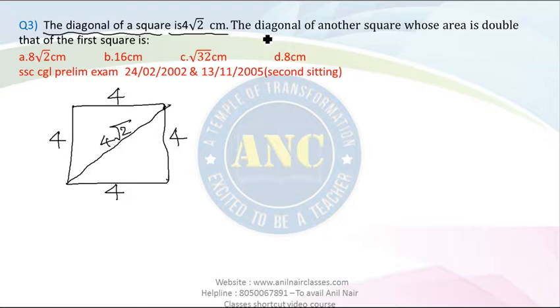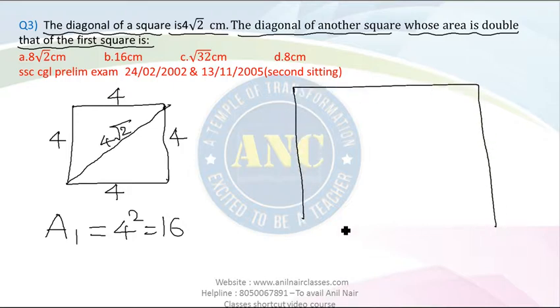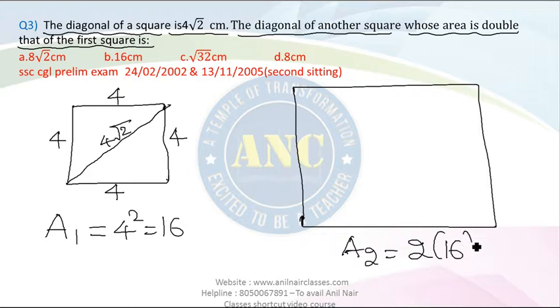The question asks for the diagonal of another square whose area is double that of the first square. First of all, what is the area of the first square? It is nothing but 4 square, 16. Now, I have my second square whose area is double that of the first square. That means A2 is nothing but 2 times the first area. 2 times 16 is 32.